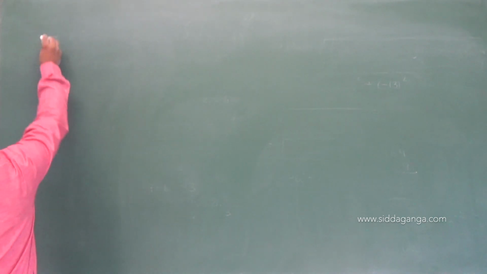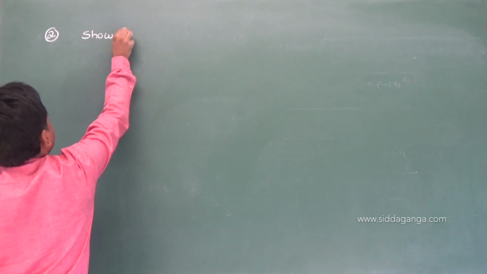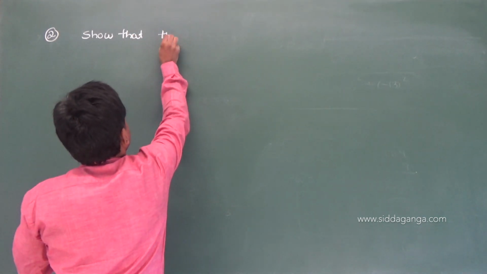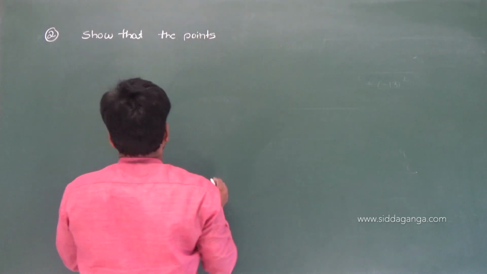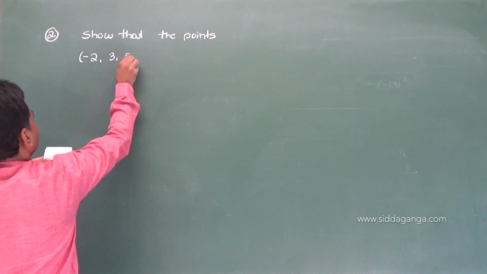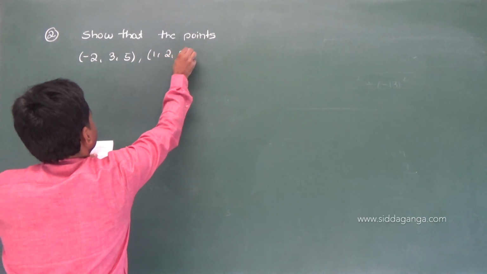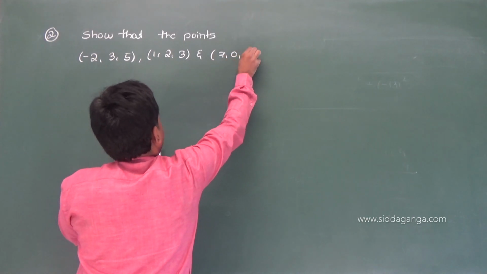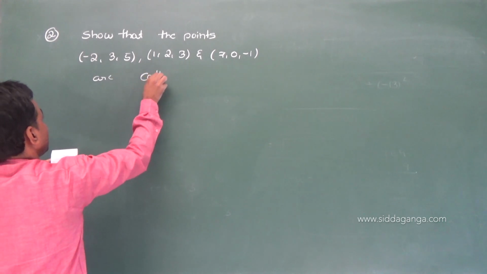Second type of problem. Show that the points (-2, 3, 5), (1, 2, 3) and (7, 0, -1) are collinear.